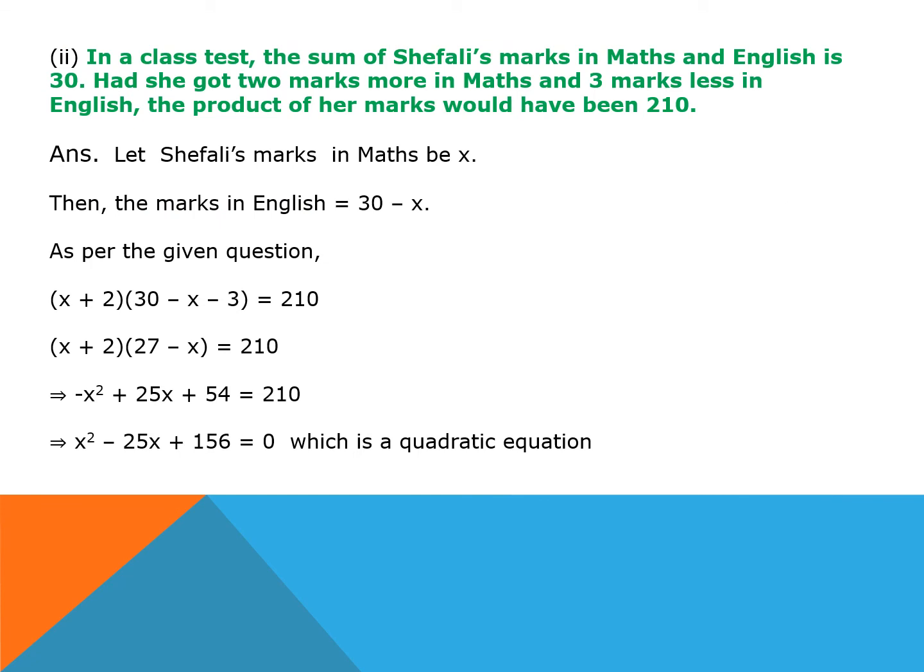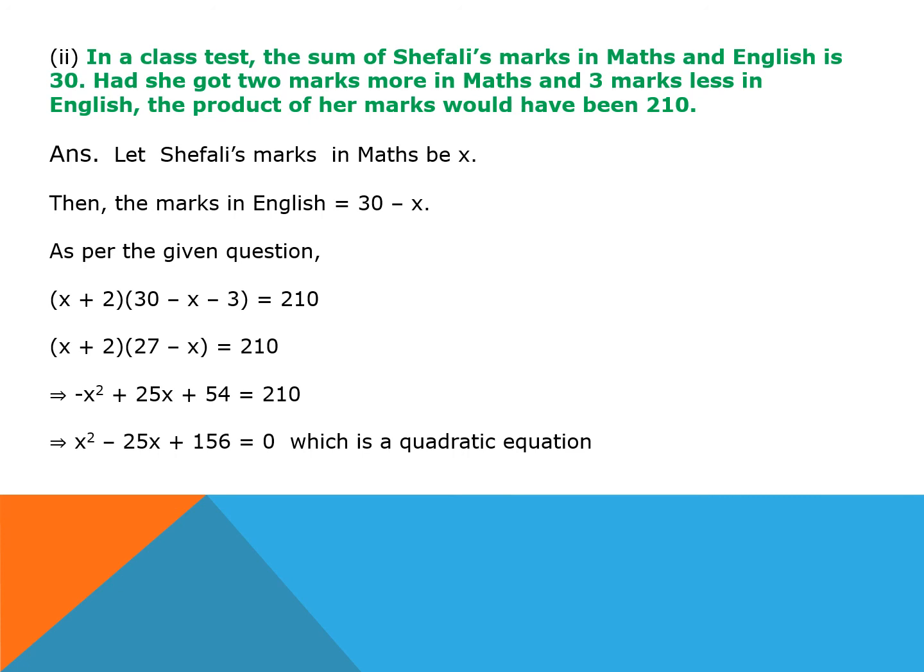Another situation. In a class test, the sum of Shefali's marks in maths and English is 30. Had she got 2 more marks in maths and 3 marks less in English, the product of her marks would have been 210. We begin with, let Shefali's marks in maths be x.